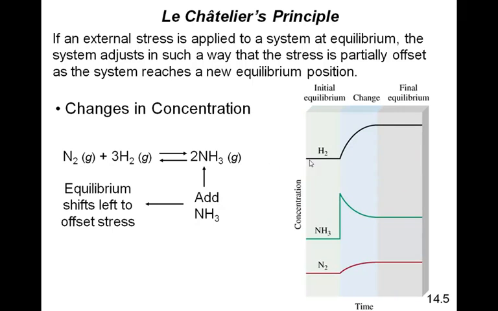And we see here that if this was the initial concentration of H2 at equilibrium, and this is the initial concentration of NH3 at equilibrium, and this was the initial concentration of N2 at equilibrium, we see that there's a spike in the concentration, so we changed it really quickly because we added it, and we see that the NH3 concentration is going to drop, the H2 concentration is going to increase, the N2 concentration is going to increase, and of course, since this is a 3-to-2 relationship, this concentration is going to jump up 3 times the N2 concentration.